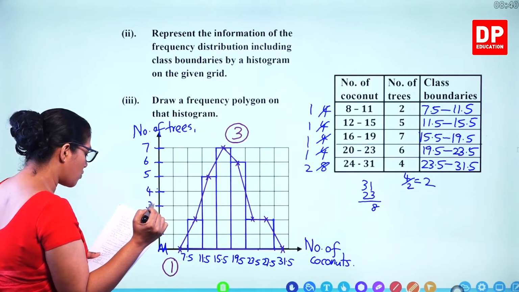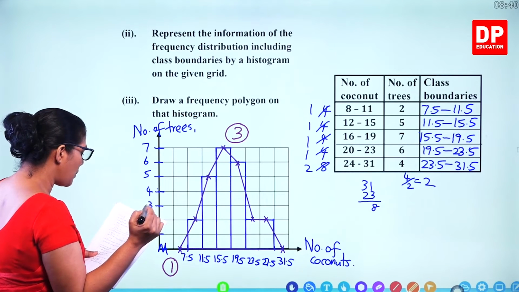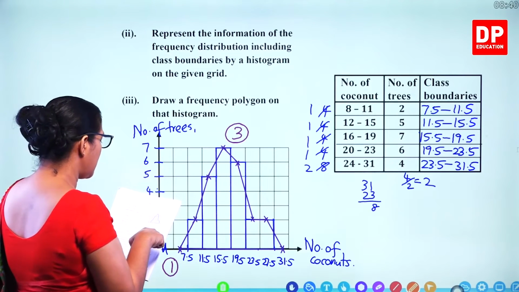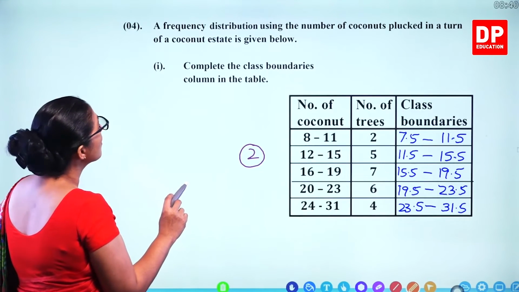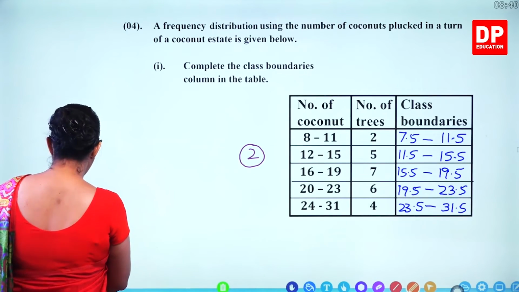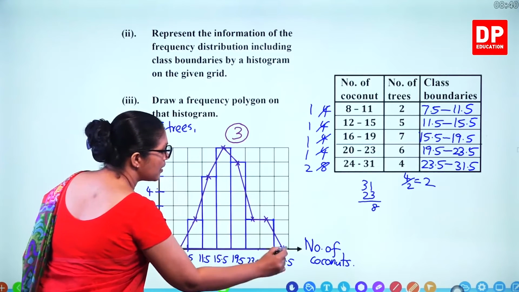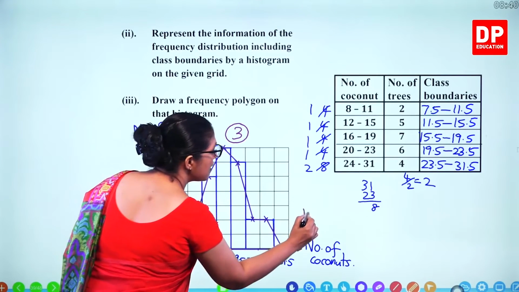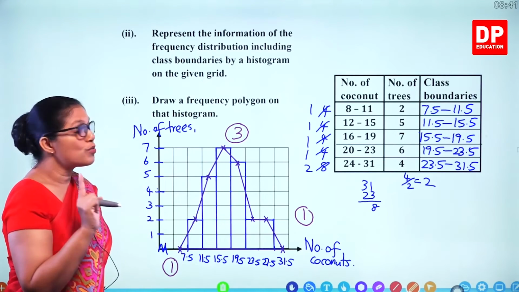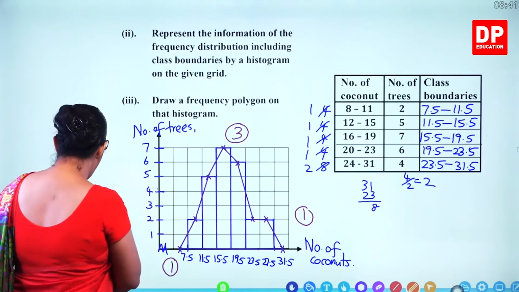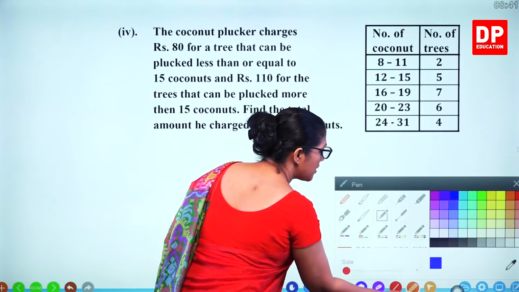So 4 marks altogether. 3 plus 1 is 4. And you need to give another 1 mark for connecting all the midpoints. So that's 7 altogether. And the last part you are getting 3 marks. So we'll see the last part.